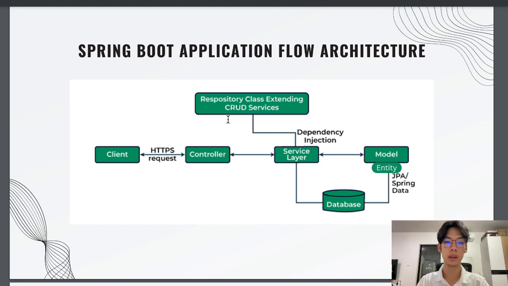After mapping is done, in the service layer, all the business logic is performed. It performs the logic on the data that is mapped to the JPA or the entity. Next, in the repository layer, all the CRUD operations are done for the REST APIs. And the last thing is a JSP page is returned to the user if there are no errors.